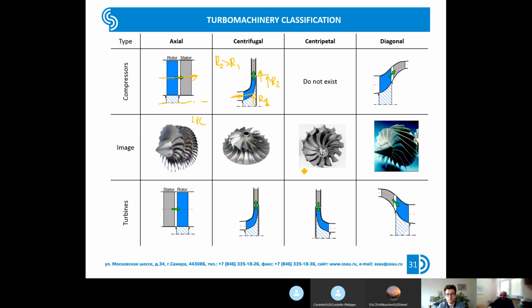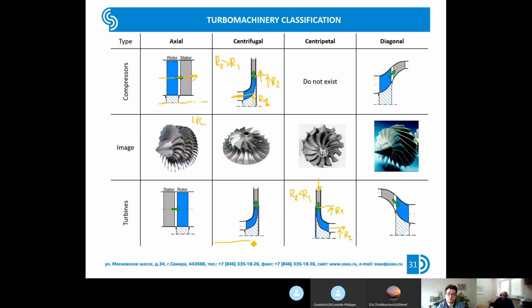And the opposite picture, where the flow comes in at the upper radius, R1, and comes out, usually in axial direction, at the lower radius R2. In this case, R2 is lower than R1. In other words, in this type of turbomachinery, the flow moves toward the center.